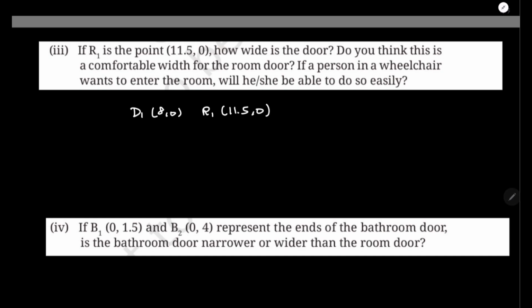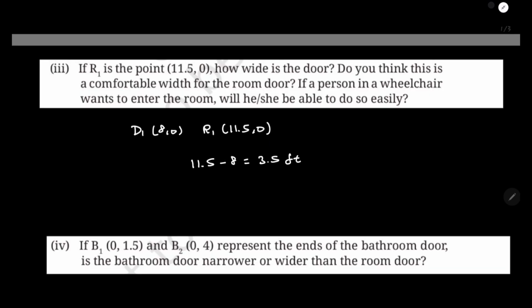These 2 points lie on the x axis, which means they lie on a horizontal line. So subtract the x values, and you will get the answer. 11.5 minus 8. The difference between these two x coordinates is 3.5 feet. So the width of the door is 3.5 feet.